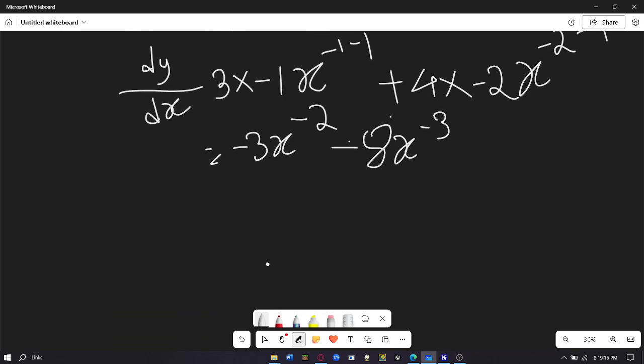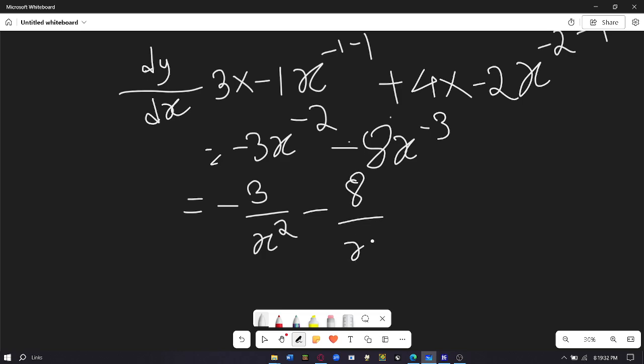And since our teacher wants it in the root format, or you can say the more proper format rather than this, we have to write it as such. It's not necessary, but since our teacher wants it, this is the answer. So this, let's box it off, this is the answer.